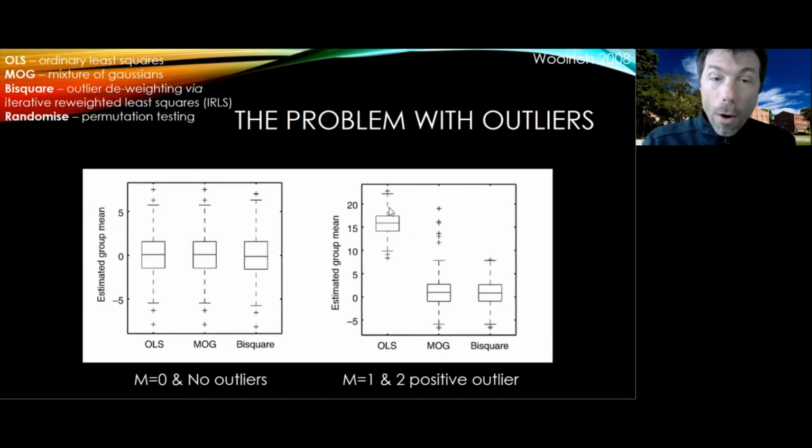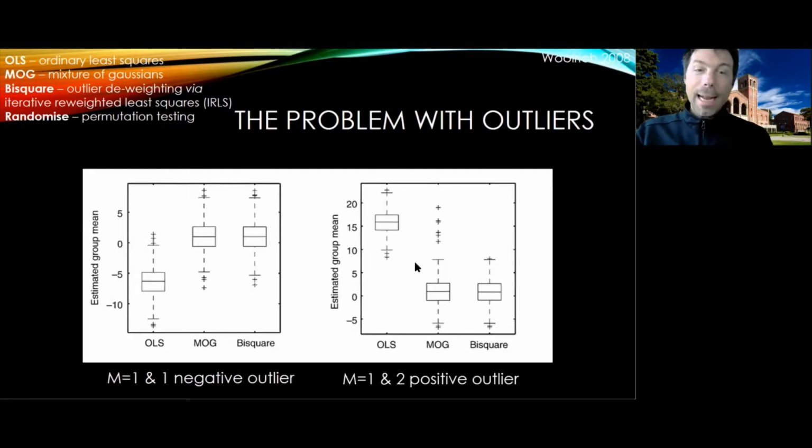Whereas our OLS got pulled up even further by the presence of 2 outliers out of 20. Now, if you add a negative outlier, you can see that exactly the same thing happens. Our OLS gets pulled down, whereas our mixture of Gaussian and bi-square are still doing pretty well overall. And this is the one we saw before. So overall, it's pretty clear that ignoring outliers can lead to dramatically misestimated group means.